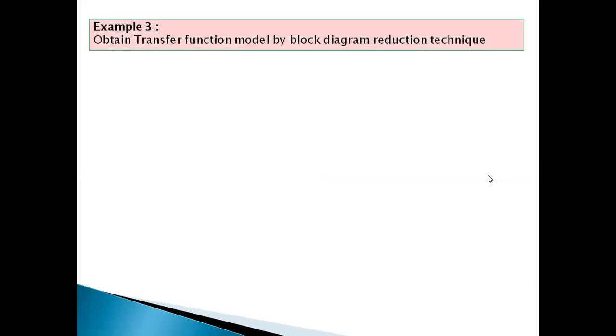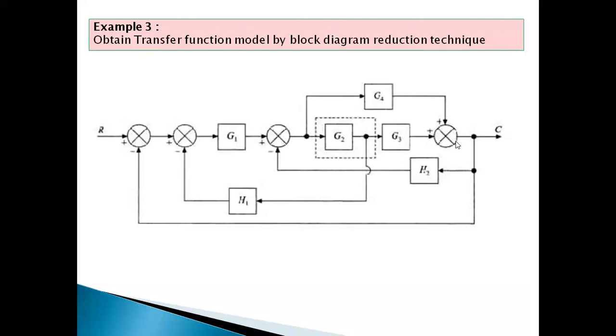Okay. Next, try to solve this example. Obtain the transfer function model from the block diagram by using the block diagram reduction technique. So note down this example. In the next class we are going to discuss signal flow graphs and Mason's gain formula.